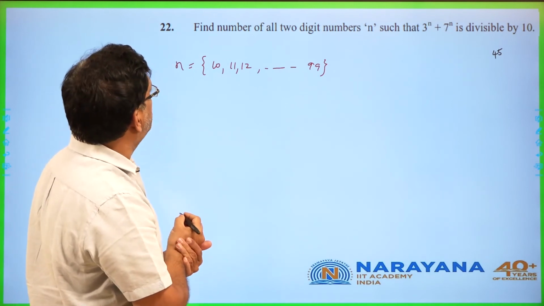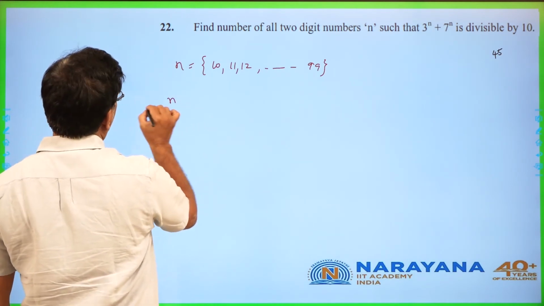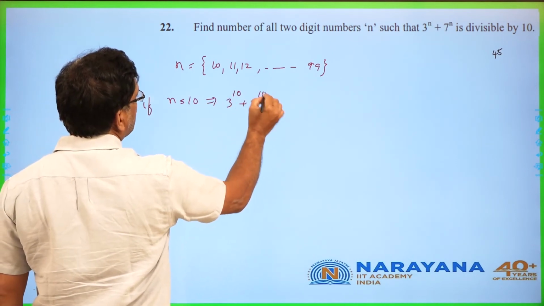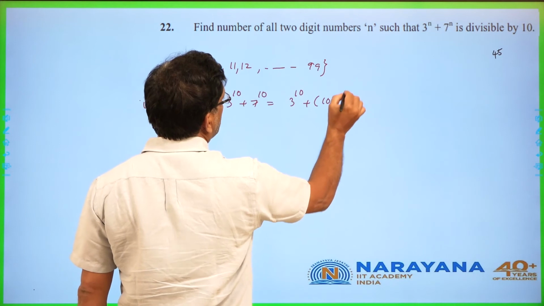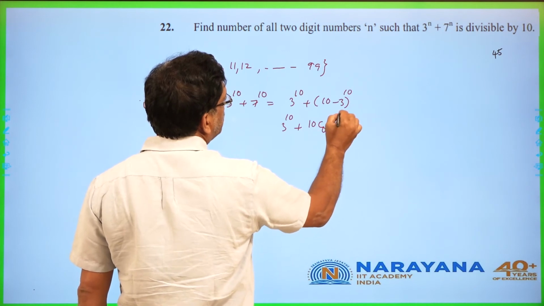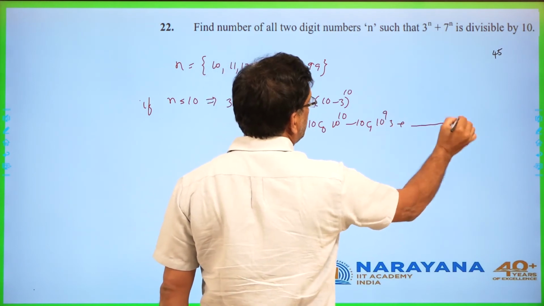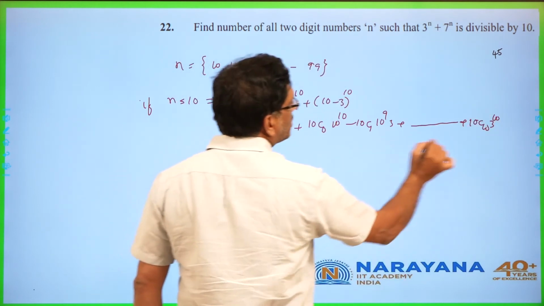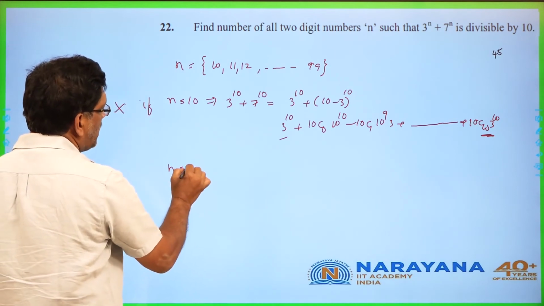Let us put n equal to 10: it is 3 power 10 plus 7 power 10, so keep 3 power 10 like that. 7 is 10 minus 3, so 7 power 10 is 10 minus 3 power 10. It is 3 power 10, 10C0 10 power 10 minus 10C1 10 power 9 into 3, and so on. See the last term, 10C10 3 power 10. Because of these two terms, it is not divisible. So this is wrong. I am going for n equal to 11.